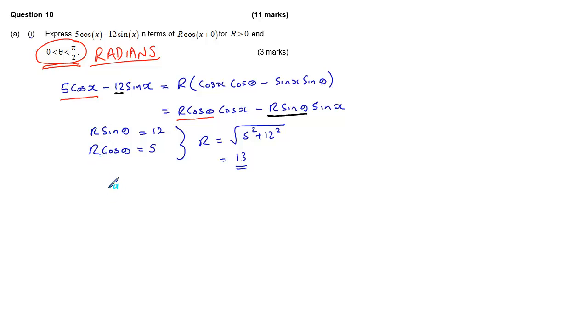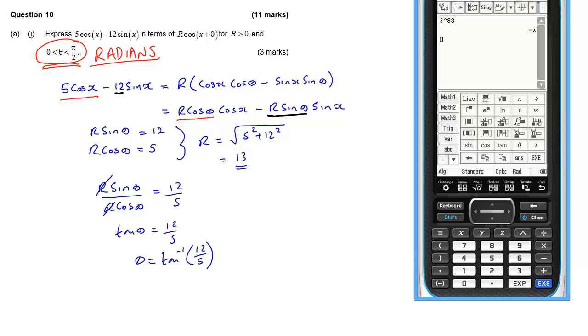And then dividing here, we get r sin theta over r cos theta is 12 over 5. The r's cancel, and then we have tan theta is equal to 12 over 5. So theta is going to be the inverse tangent of 12 over 5.